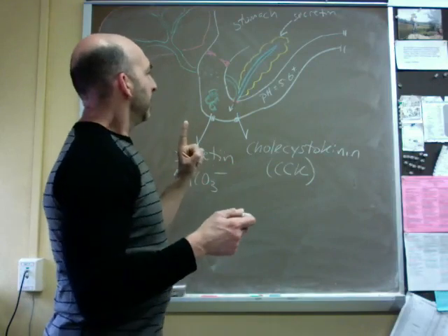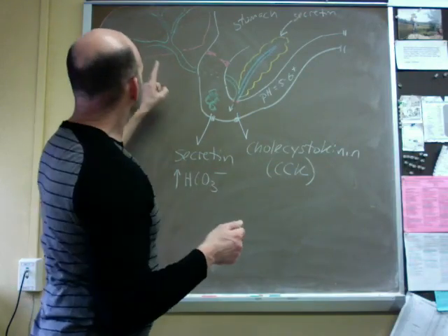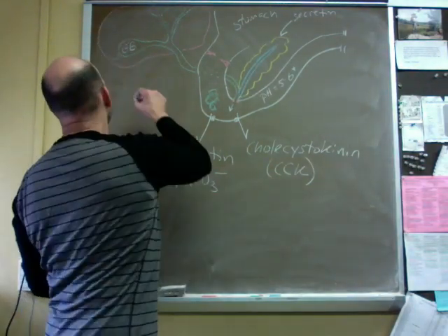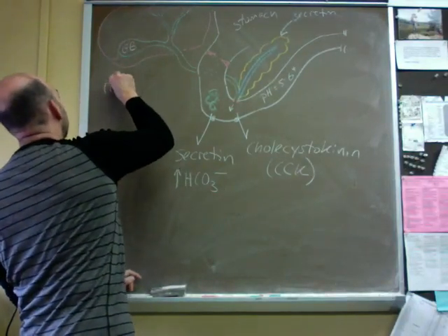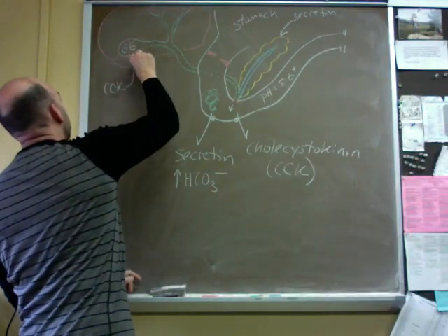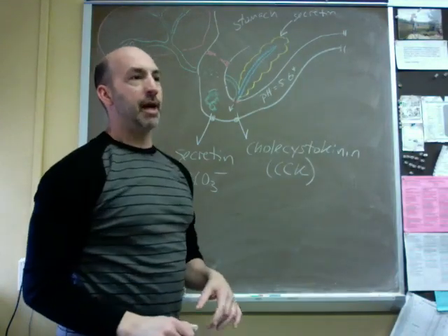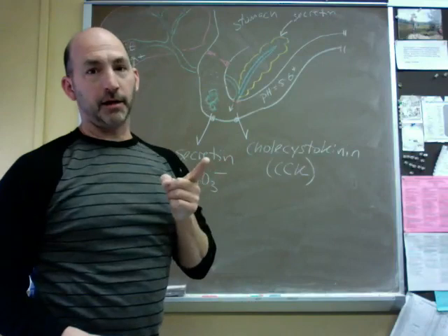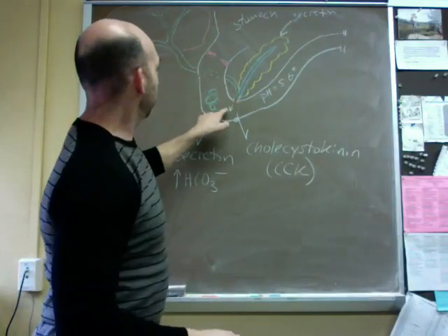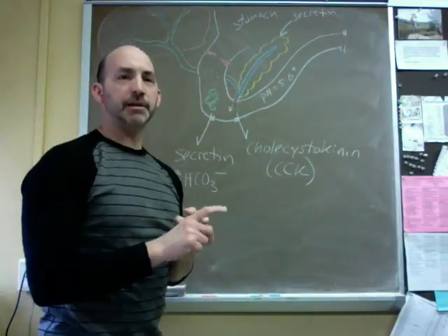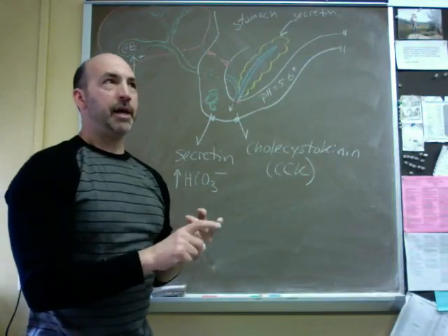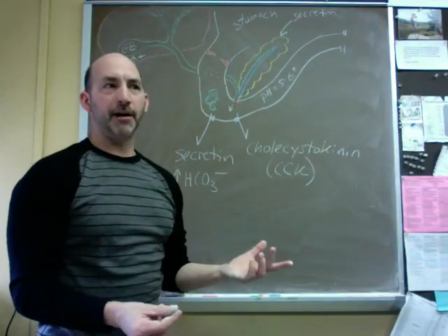Why fat? Well, fat's because it's going to stimulate contraction of the gallbladder. So CCK stimulating, plus sign, gallbladder contractions. And so we're going to have, remember we store bile there. Bile is then going to be squirted into the duodenum, and bile is an emulsifier. And an emulsifier, so it's made up of what are called bile salts.